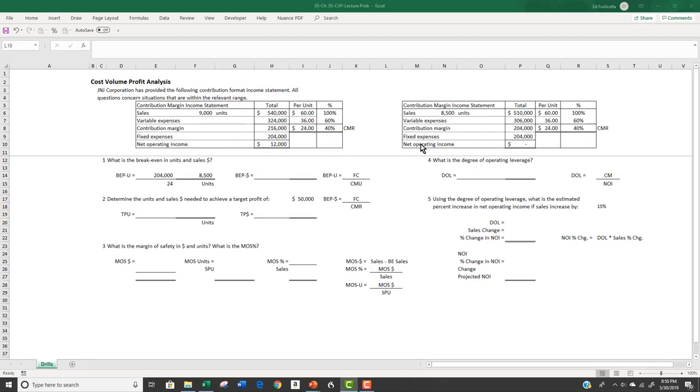Because we are currently selling 9,000 units, we are exceeding the break-even point by 500 units. When we multiply the 500 units by the contribution margin per unit of $24, we get the $12,000 of earnings shown.